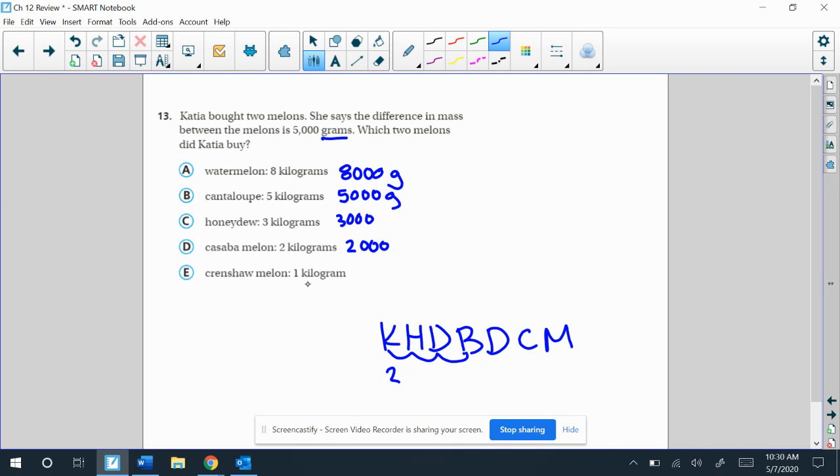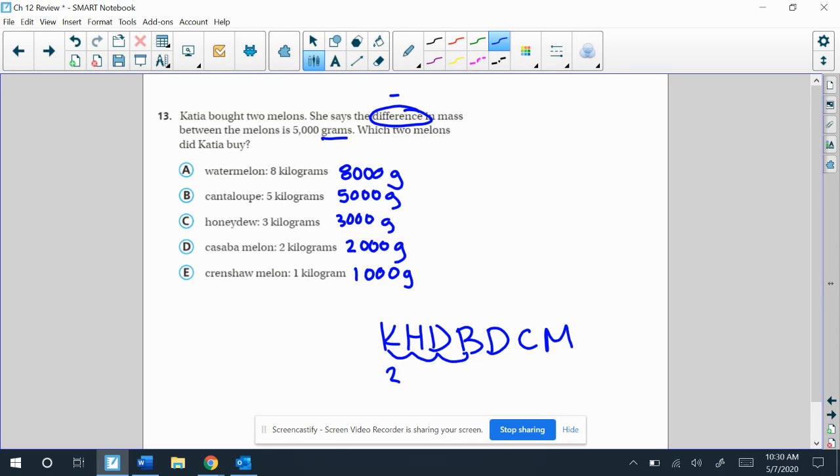Then I can just do this one in my head. 1, and if I'm going down a gram, 1, 2, 3. These are all in grams. Now I can solve to figure out the difference. Oh, that means subtraction. So the difference between the two is going to be 5,000 grams.